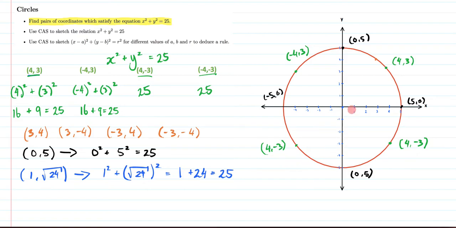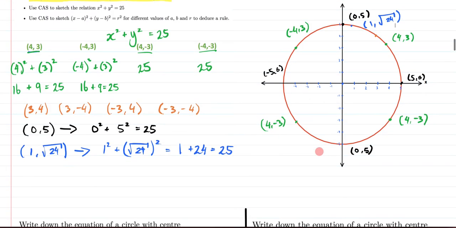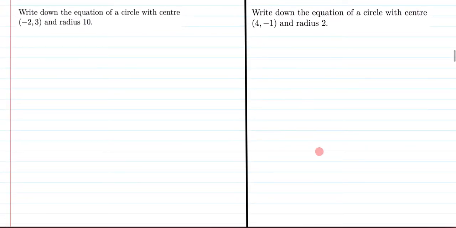And if I was to plop that on my graph, it would be somewhere here: 1, the square root of 24. So as you can see, this builds upon the idea of distance being from the center out to a dot here, as they all lie on my circle. Let's now move on and do some questions.